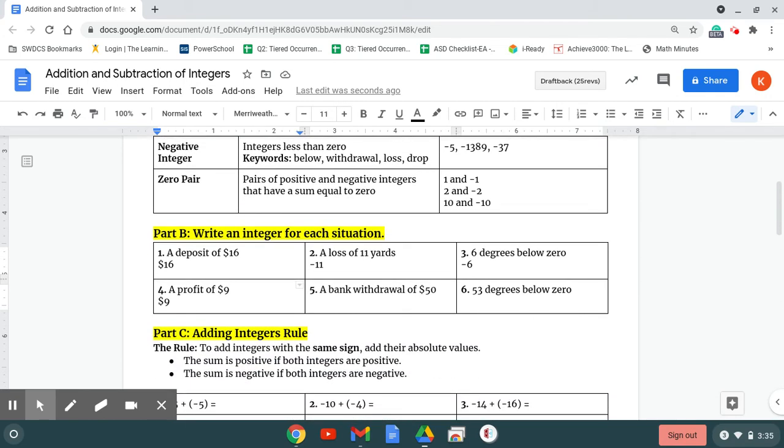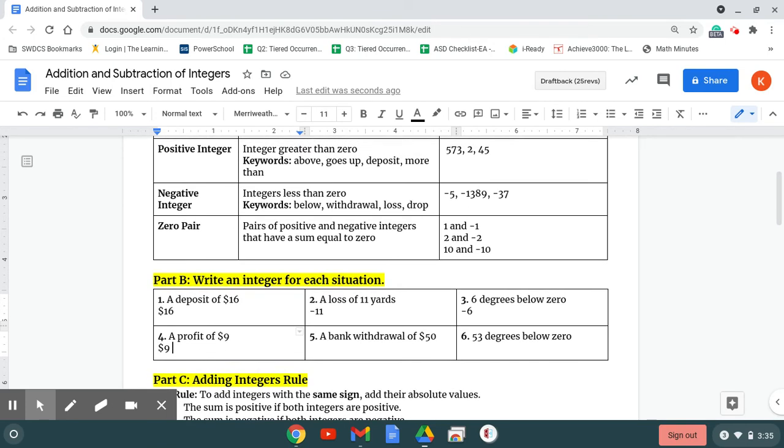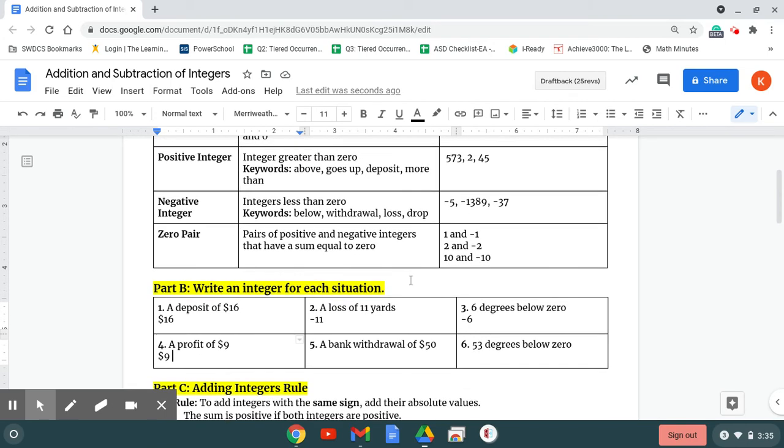All right, number 5, a bank withdrawal of $50. We can come up here. This one is in our keyword terms. Withdraw is right here in our negative, withdraw. Or we can think about it, if I'm withdrawing money from the bank, I'm taking money out. So am I gaining money or am I losing money? Obviously, I'm taking it out, I'm losing.